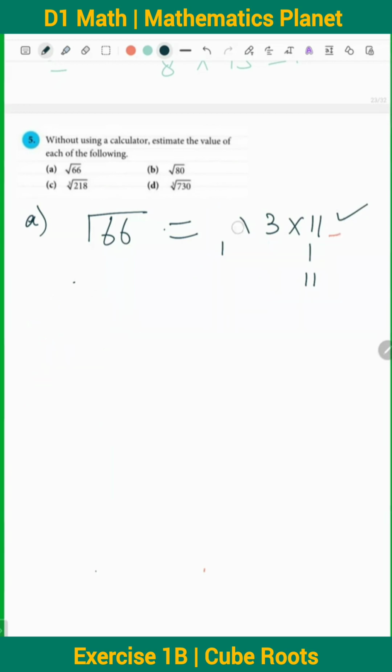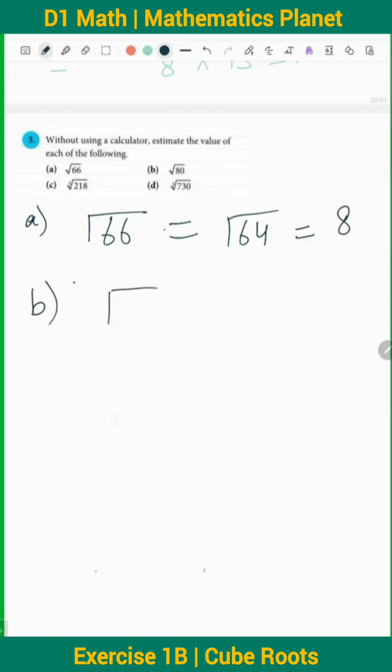Yes, any number that is nearest to 66. Miss, is it 64? Yes. And what will be the square root? 8. Who says 6? Okay. Part B, 80.